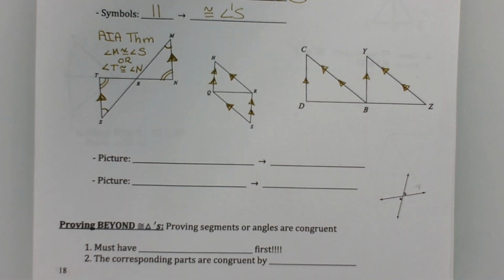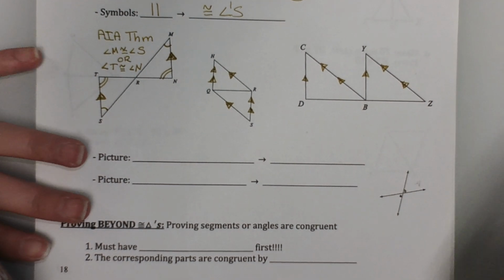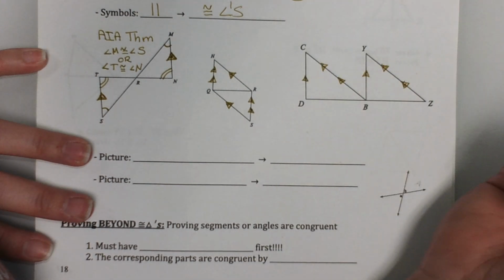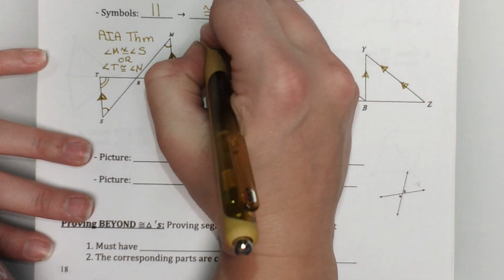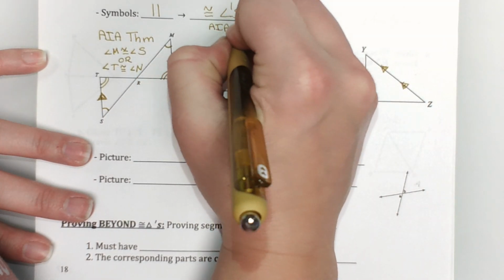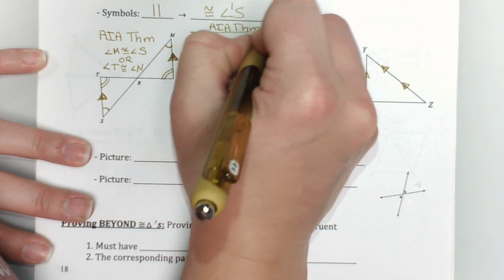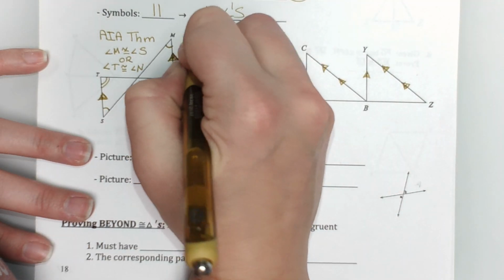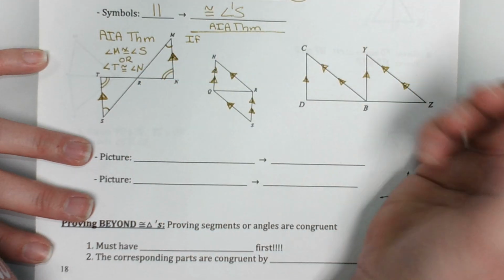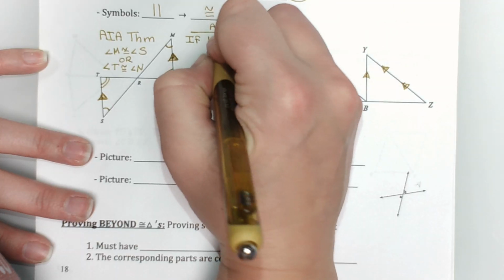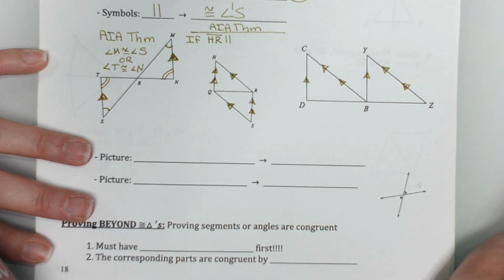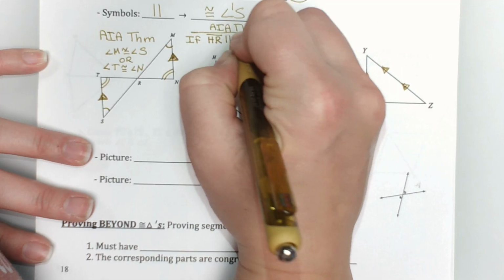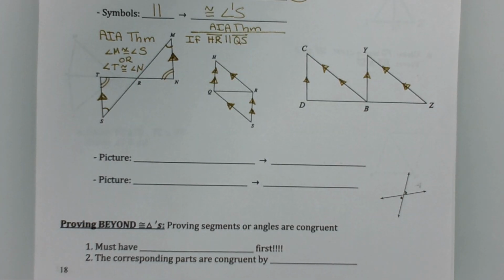This picture is one that becomes a little trickier because it depends upon which sides they say are parallel. In this picture, it's still alternate interior angle theorem that you would use. But if you have a situation where they say HR is parallel to QS, I needed more room for this.